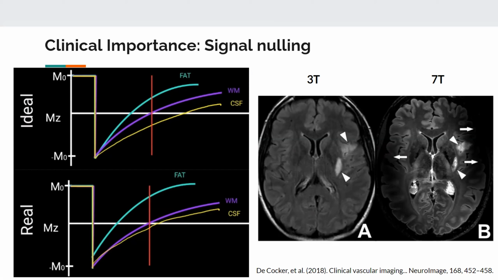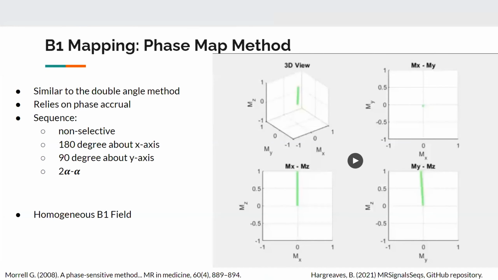And then in order to correct this, first you need to be able to map what flips the spins are actually being flipped to. There's a few different methods for doing this, and I'll go into one in particular, which is the phase map method. The phase map method is similar to the double angle method, which we've talked a little bit about in class.